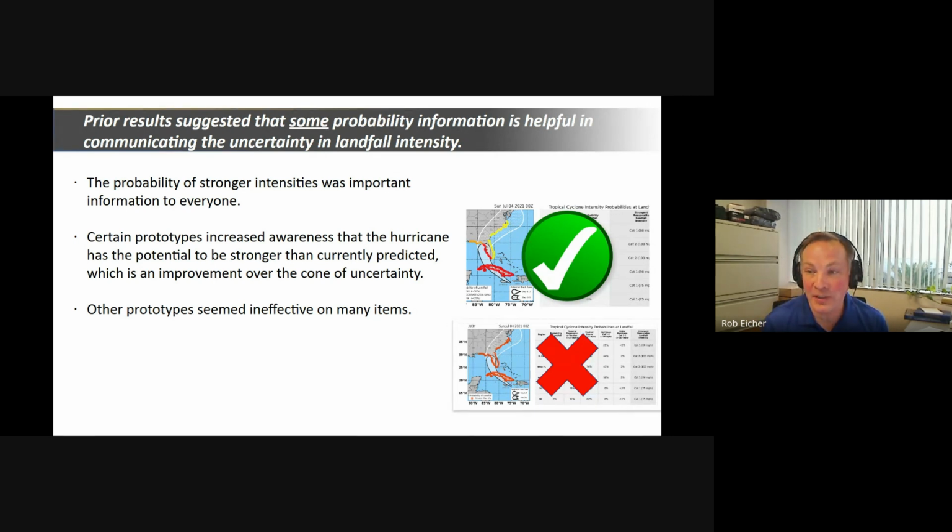So we thought we were on the right track, but the longer table version did not test well on many of our measures. It seemed like information overload, and when we asked people questions about it, they weren't able to answer correctly. So they obviously weren't correctly interpreting the probability information there.